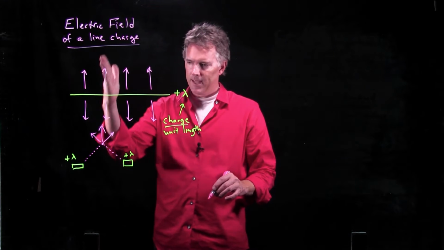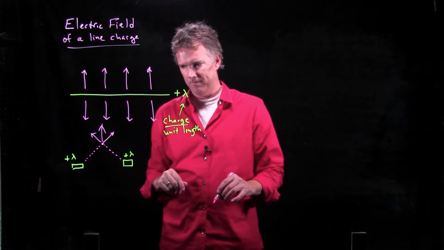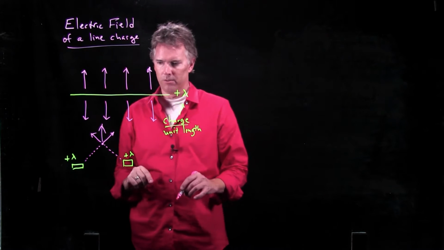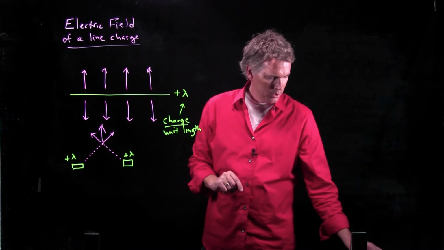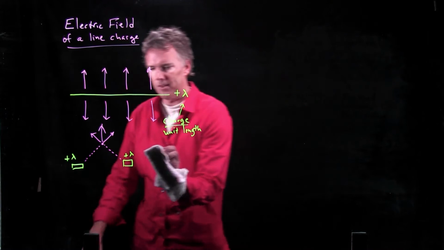By symmetry, everything has to be radially outwards. It can't be pointing to the right or to the left. That's good because it's going to simplify our problem quite a bit, and let's see how that works.